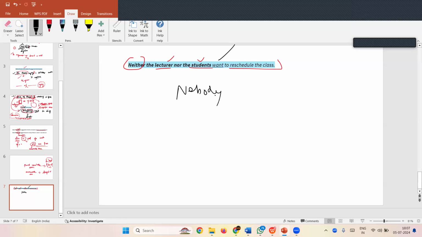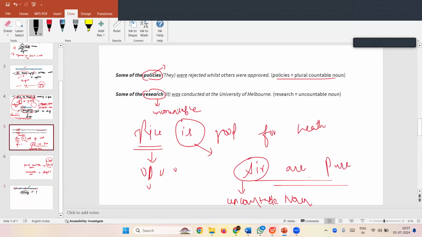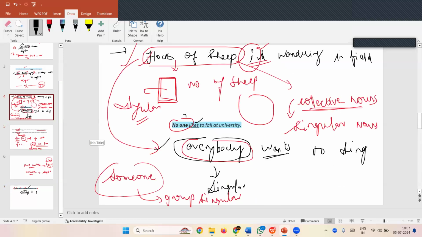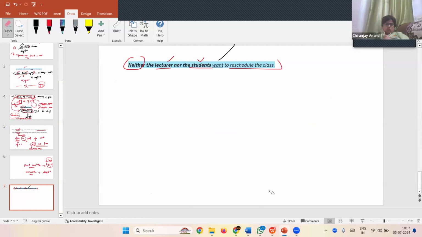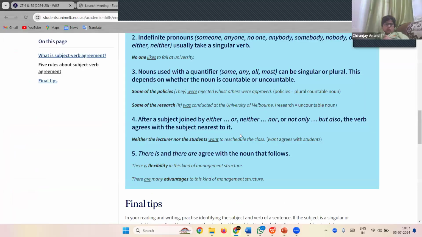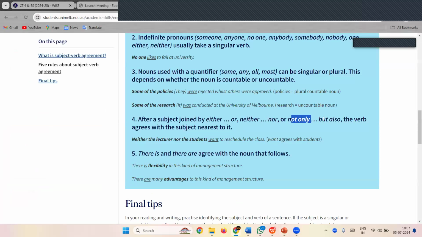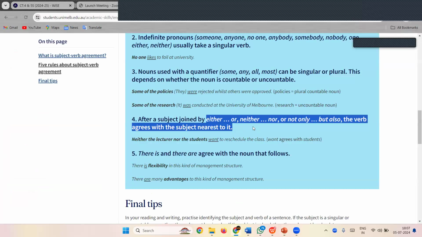This nobody comes under this rule. So you should not use the word nobody. You see this neither, nor, or not only, but also, you have to use it this way.